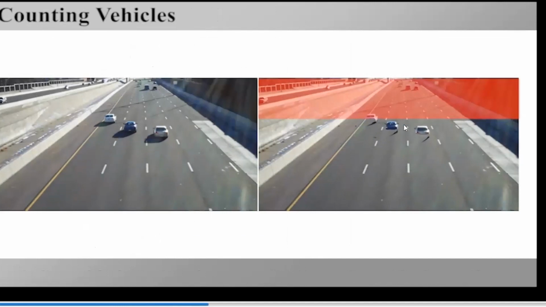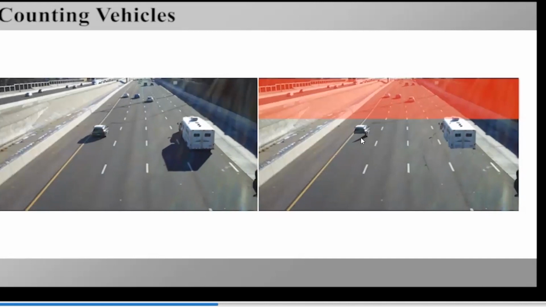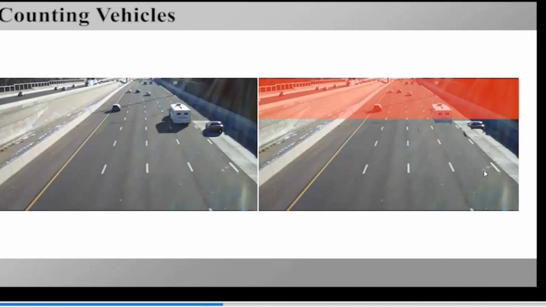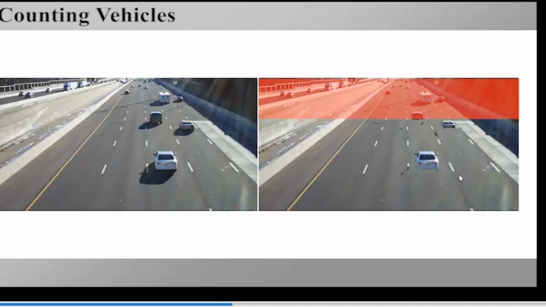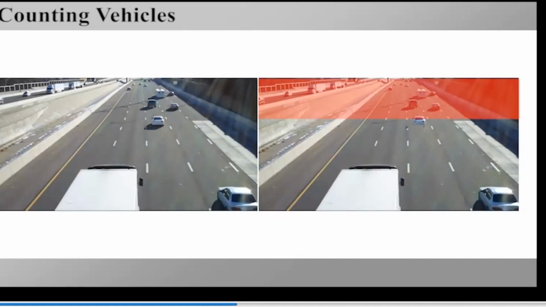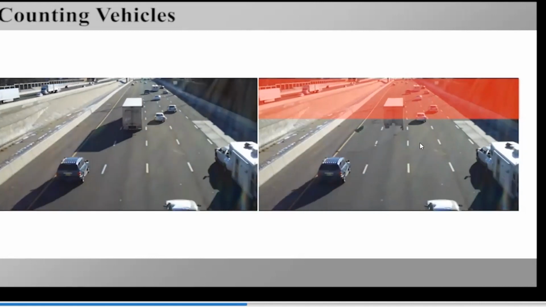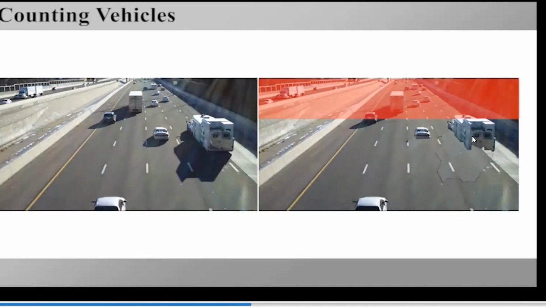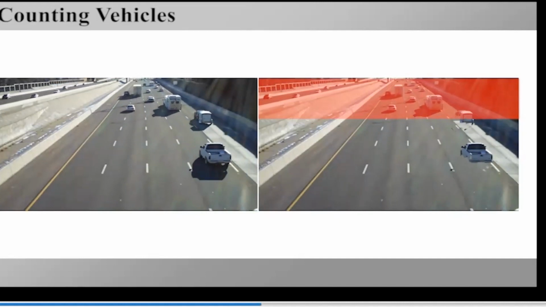So you can see the detection result. This is a black vehicle, dark color vehicles, and we remove the shadow successfully. Still, you see some, we cannot completely remove the shadow.